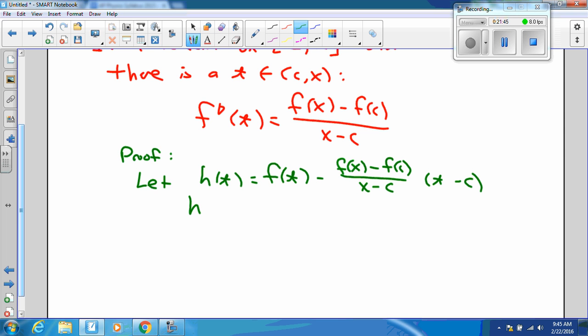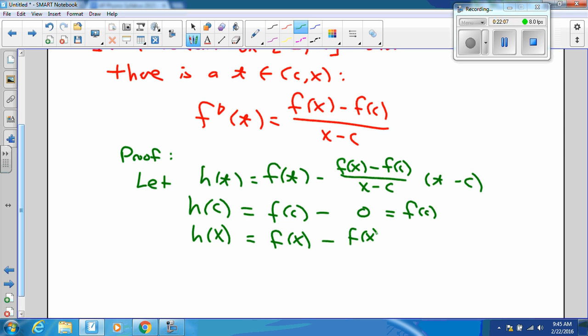And then we observe the following facts. That h of c was equal to f of c. And h of x, was also equal to f of c.